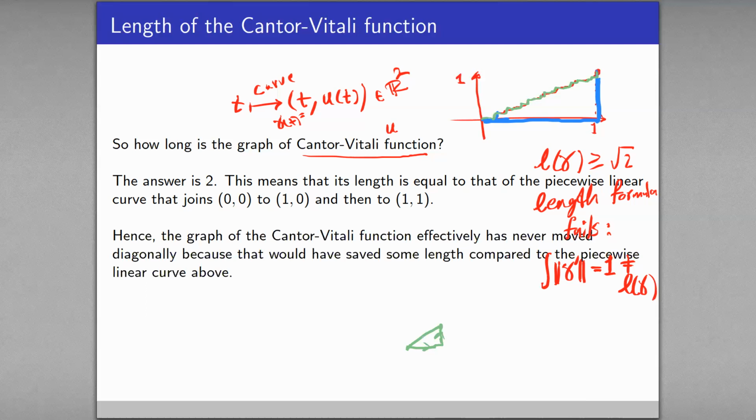We know from human perception that anytime you go diagonally, you save some length. The worst is to go just horizontal and vertical. But here it's saying that in no movement along this curve, between no two points, have you made any diagonal movement effectively. You've never saved any length by going diagonally. And you have traveled just as much as if you had traveled, again, just horizontally until here and then vertically up.